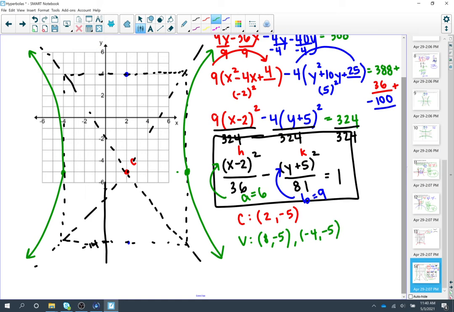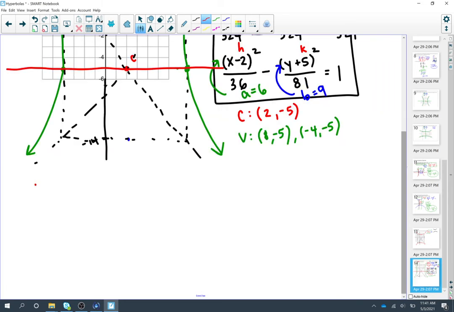Then we have to find our foci, and our foci are going to lie on the same transverse axis that cuts the hyperbola kind of in half. In order to find the foci, we're going to need the C value. Keep in mind, C squared equals A squared plus B squared.